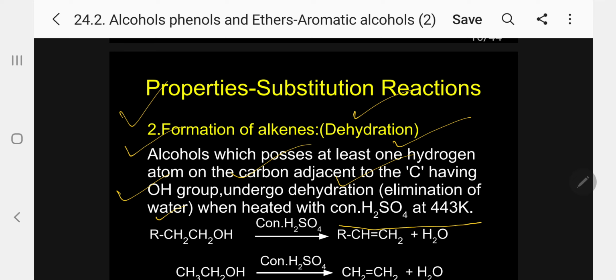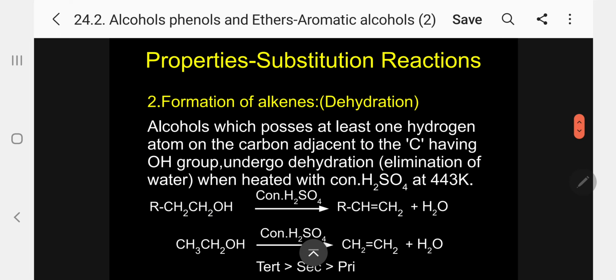Kindly follow. The general formula: RCH2CH2OH, concentrated sulfuric acid, action of heat, producing this. Here H, here OH, water is eliminated. So RCH double bond CH2. A specific example, I am taking ethyl alcohol.